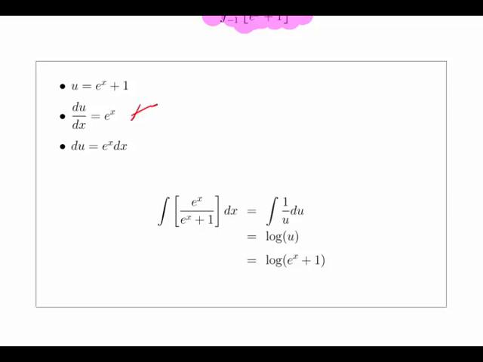Differentiate that, and we get du equals e to the x dx. So with integration by substitution, we end up with the integral of 1 over u du, which is the log of u, and that is the log of the exponential of x plus 1.